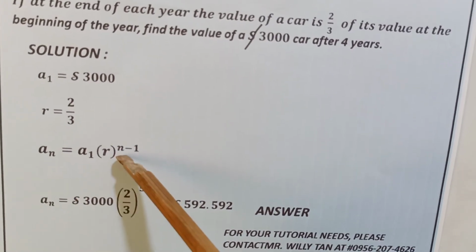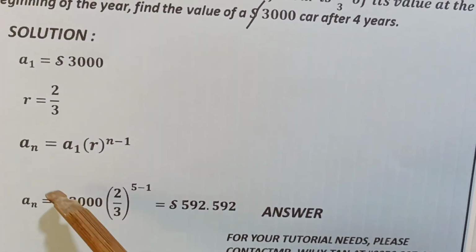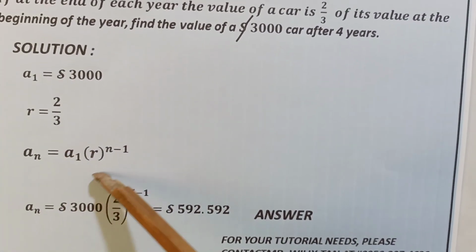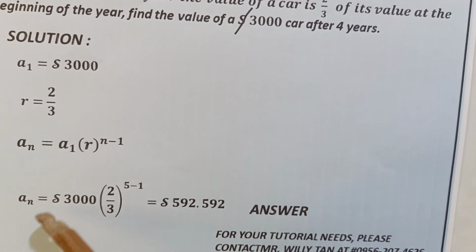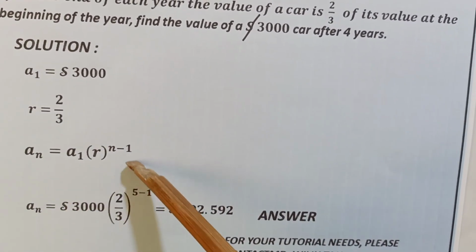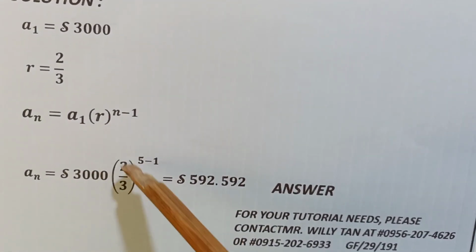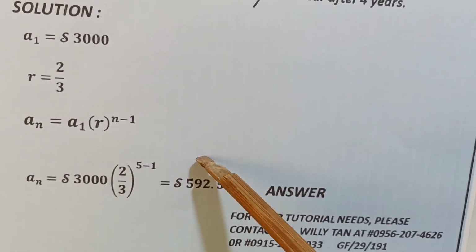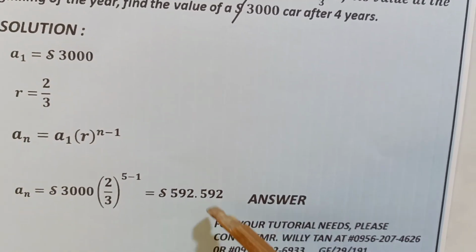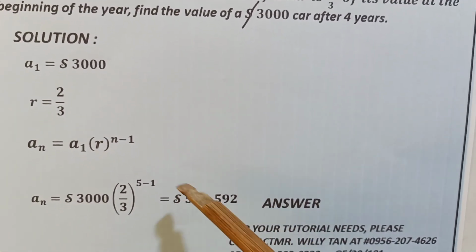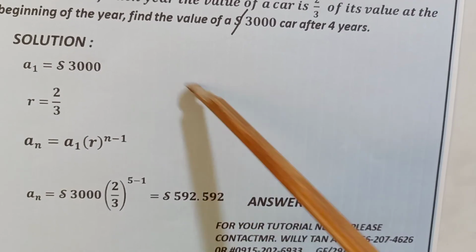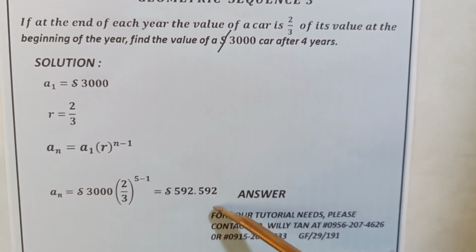So a sub n is equal to a sub 1 times r raised to n minus 1. Substitute the values that are given here: $3,000 for a sub 1, the 2/3 ratio raised to 5 minus 1. And we are going to get $592.92. So that's how we are going to solve all these problems.